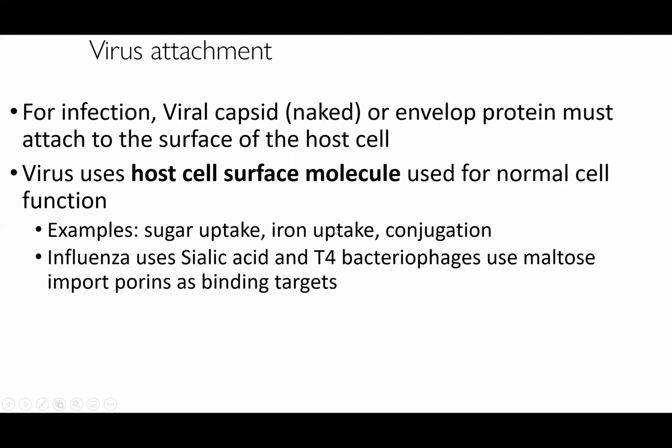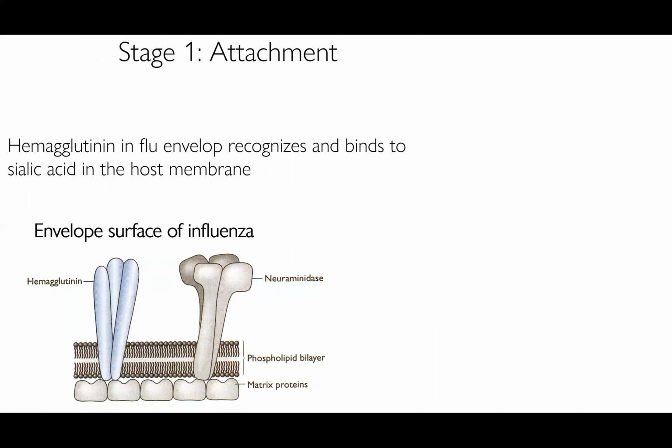But it can also be for numerous things like iron uptake, or potentially conjugation if we're talking about bacteria. Influenza uses sialic acid, and bacteriophages use maltose import proteins as binding targets. But it does vary pretty widely.